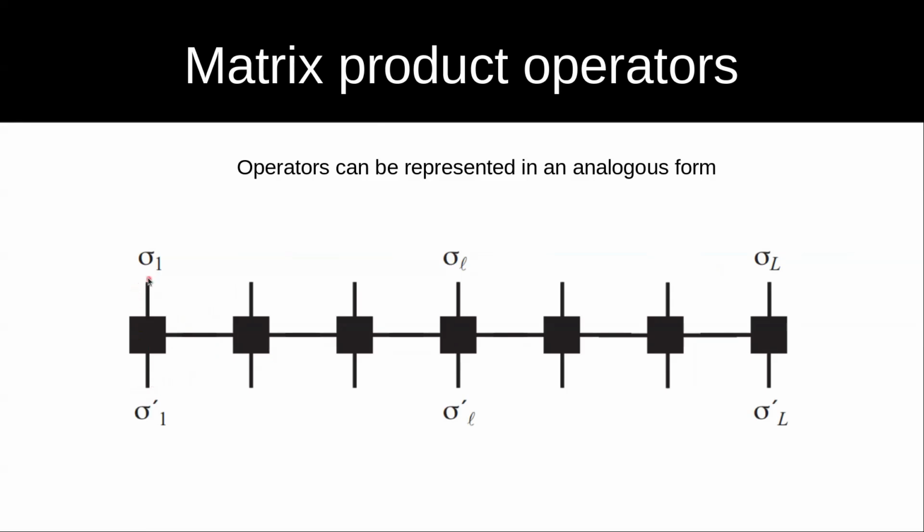So you can think that these are the rows of your operator and these are the columns of your operator. And these legs over here are the internal indexes that essentially allow you to write down this operator in a very big Hilbert space in a reduced form by using products of local tensors. So this is just the matrix generalization of a wave function using matrix product states.